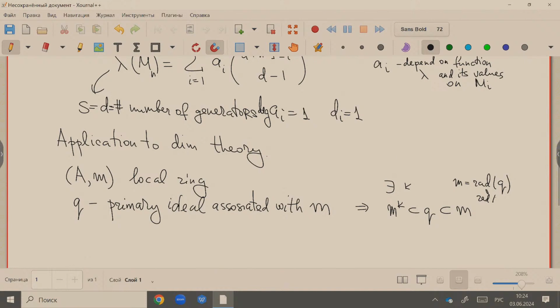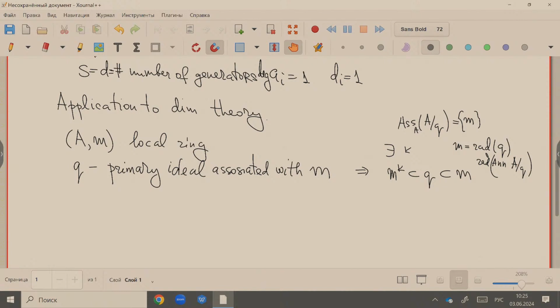Let me start by saying that the associated ideal of A mod Q is equal to M, so it consists only of one maximal ideal, the radical of the annihilator of A mod Q is just M. And this allows you to put Q between M^K and M, and actually in our proof we shall need M^K, but it is convenient to introduce a more general filtration with respect to Q.